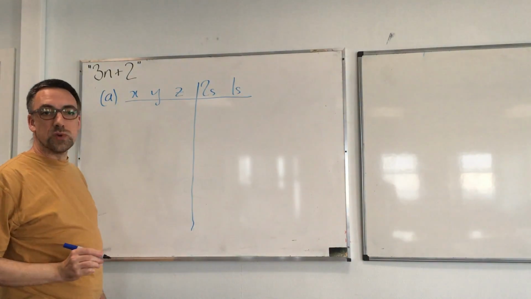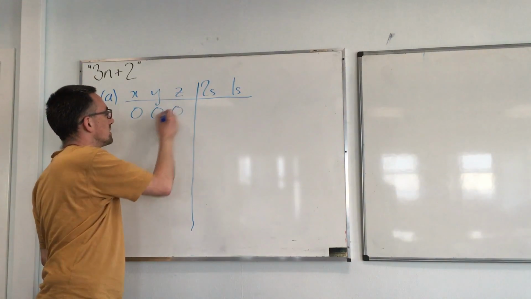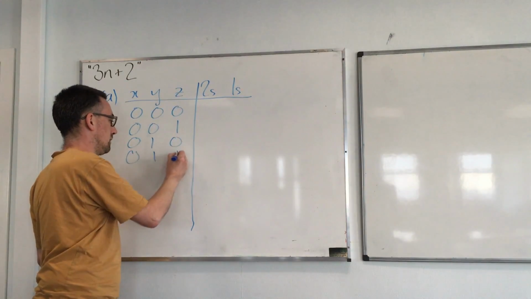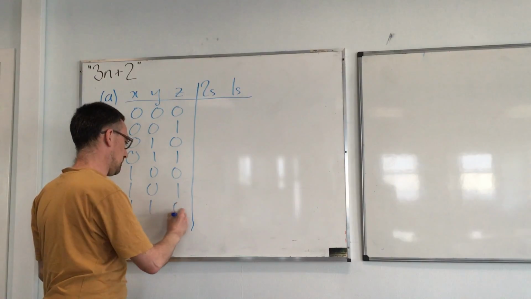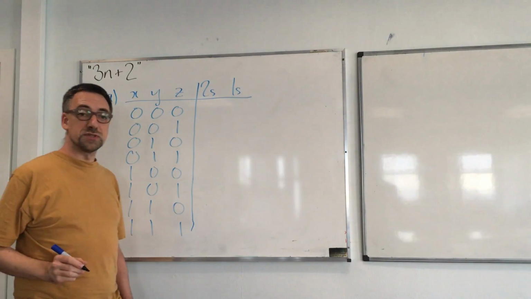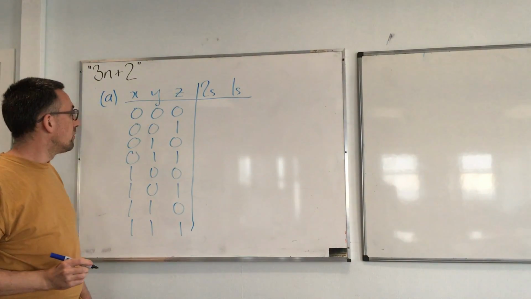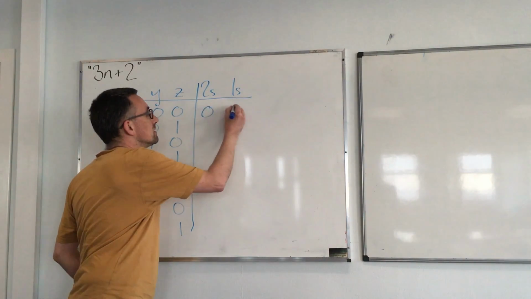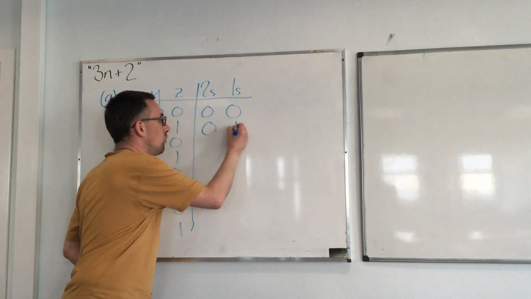As ever, we tabulate all possible inputs by counting to 7 in binary. And now we compute the outputs just by adding up the 3 inputs and giving the answer as a binary number. 0 plus 0 plus 0 is 0. 0 plus 0 plus 1 is 1.